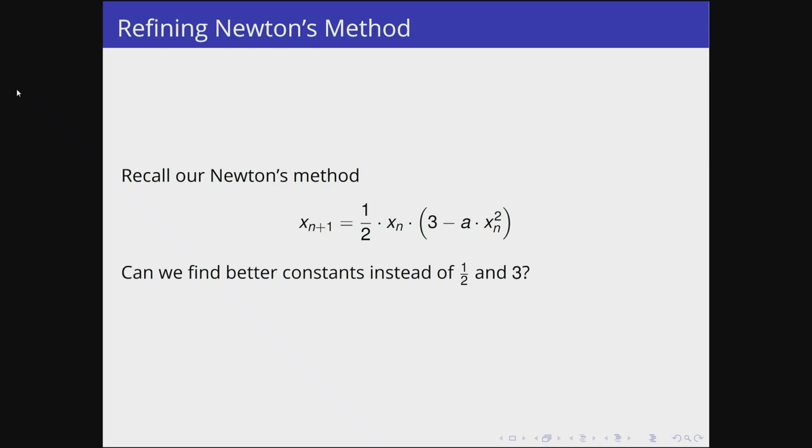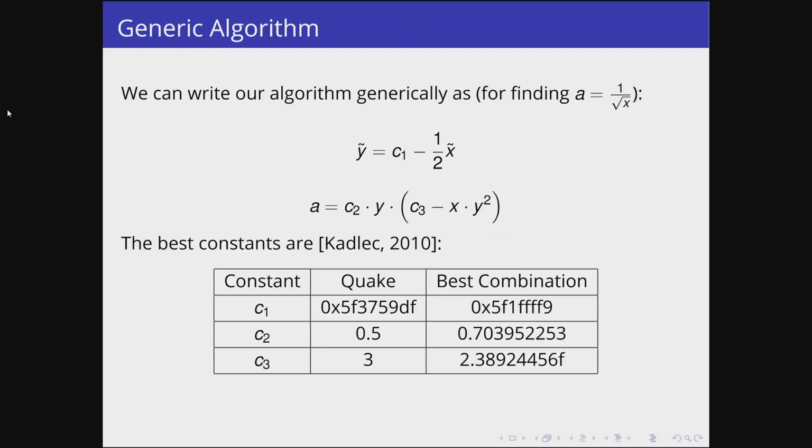But maybe we can find better constants than 1/2 and 3. So people actually looked for better constants, and the best constants that they found are those. They work a bit better. I think the error is going down by like 2.7 fold, which is nice.